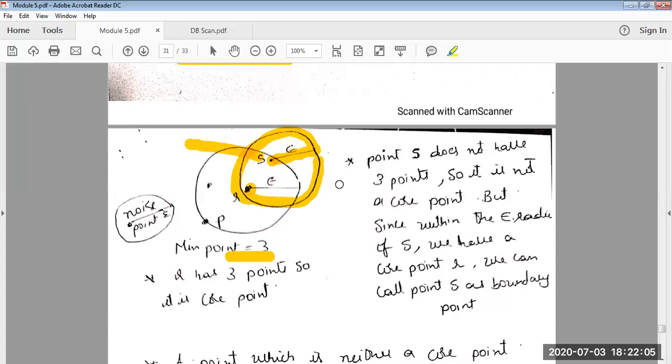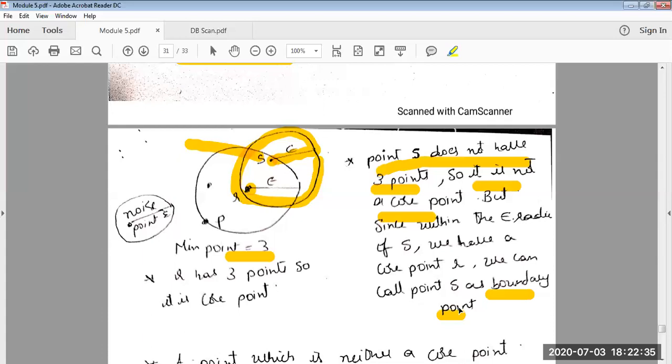Point S does not have 3 points, so we cannot call it a core point. That's what I told you. But since within the epsilon radius of S we have a core point R, we can call S a boundary point.